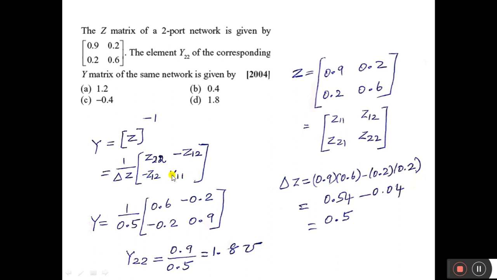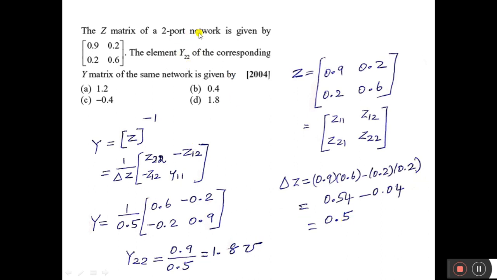Actually it should come Z11. I wrongly put it as Y. So interchange these two and put minus here, that is the adjoint. So Z22, Z11, and here minus values, and the determinant of that. So Z22 is 0.6, minus 0.2, minus 0.2, Z11 is 0.9, and the determinant of this is 0.5.